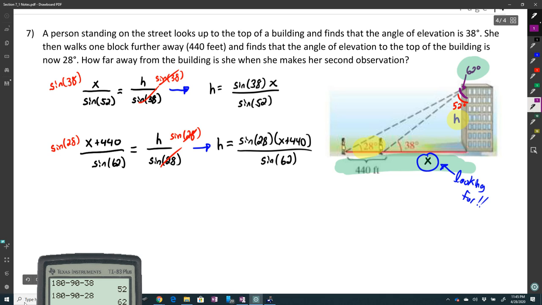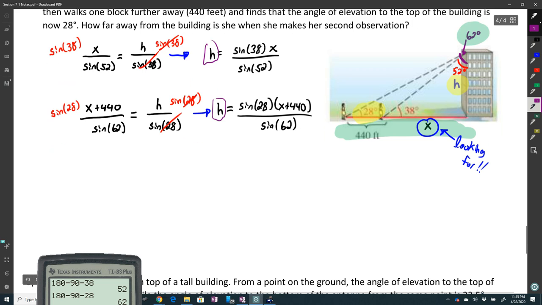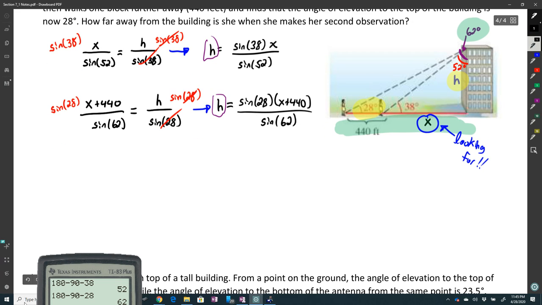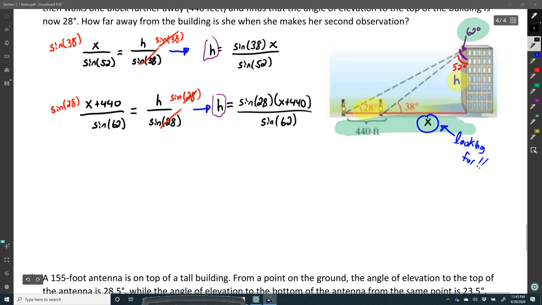Now, since they're both the same, I can now set these two equations equal to each other. And therefore, the h is now gone, and I can solve for x. So, that's part one of the problem. Part two, you have your equations set equal to each other.